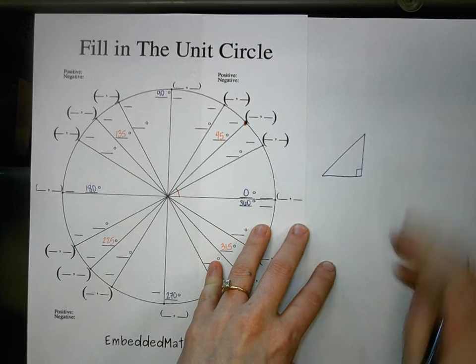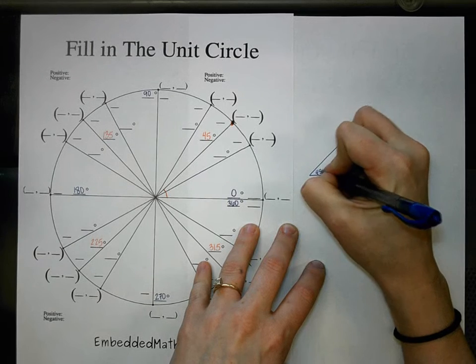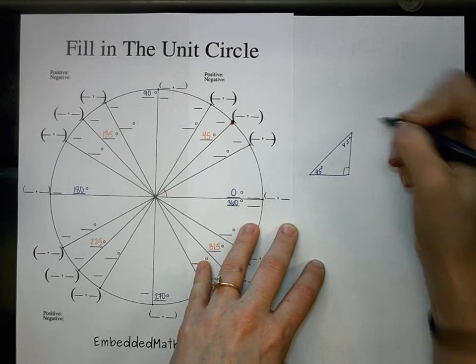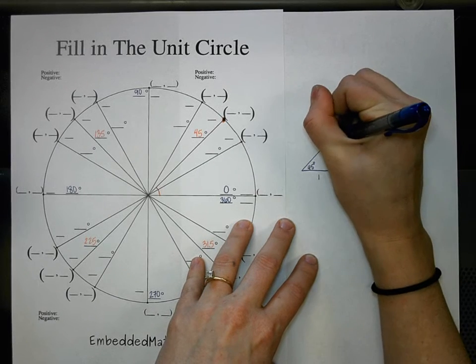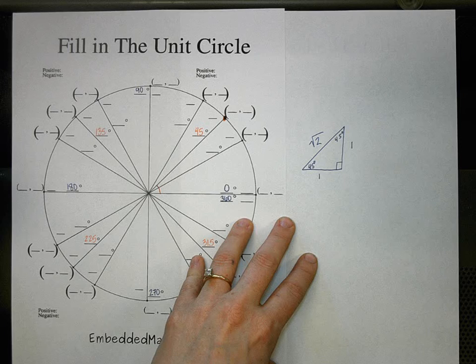The reference triangle for a 45, 45, 90 has legs 1, 1, and square root 2, sorry. 1, 1, square root 2.